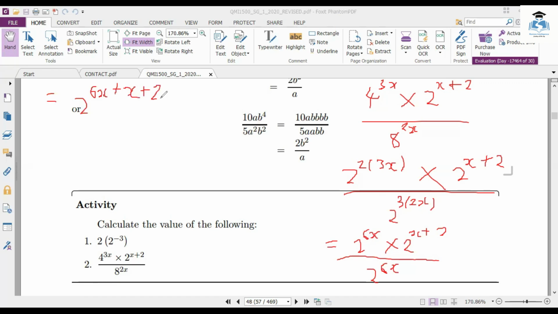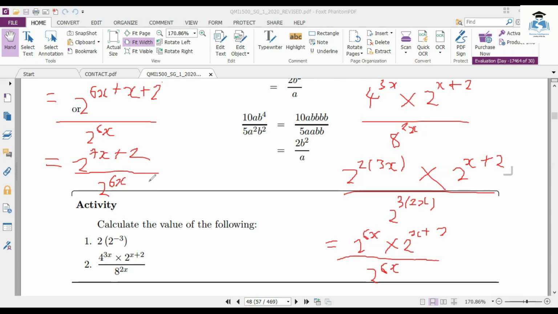In brackets, divided by 2 to the power 6x. Then we are going to get 2 to the power 7x plus 2 over 2 to the power 6x.